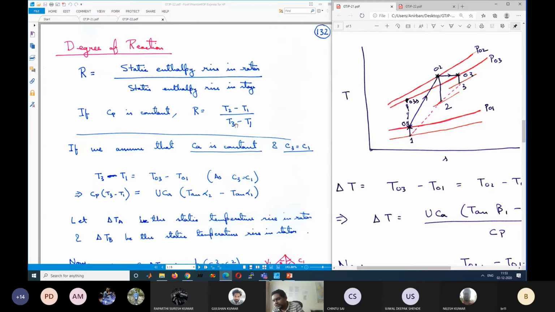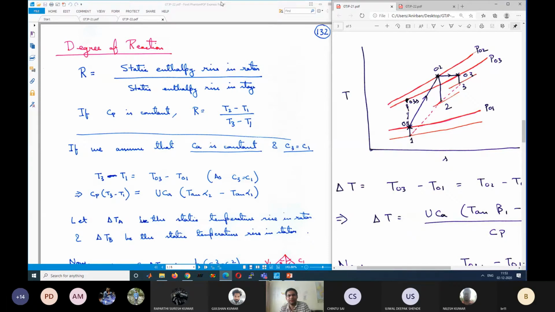Unlike steam turbines, where we discussed a lot about R equal to 0 cases, which are called impulse turbines, here we don't use impulse turbines in jet engines. Although we studied them briefly in the last class, for the sake of completeness we will study them, but all turbines here are reaction turbines.